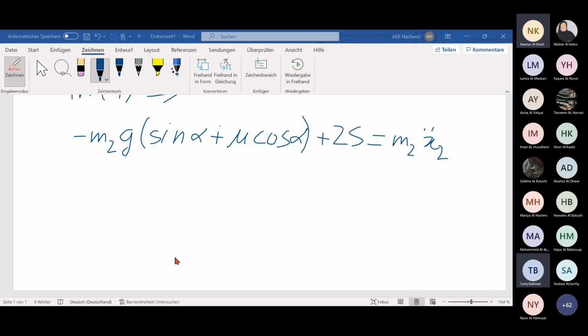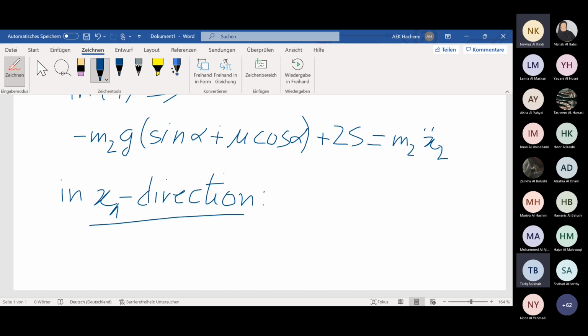Then in x1 direction, the sum of the forces in x1 direction, let's say, equal to m1 x dot dot 1.